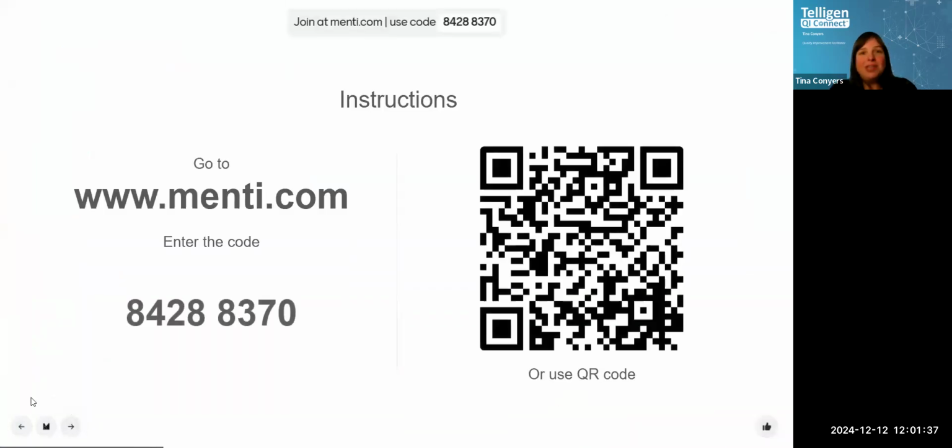If you aren't familiar with Mentimeter, it's something we do to help make these more engaging. You will pull out your smartphone and go to menti.com, or you can just scan this QR code, whatever is easier. Then you'll enter the code to get to this specific room, so to speak. We're going to do an icebreaker fun question to get used to it, and then we'll get started with the real stuff.